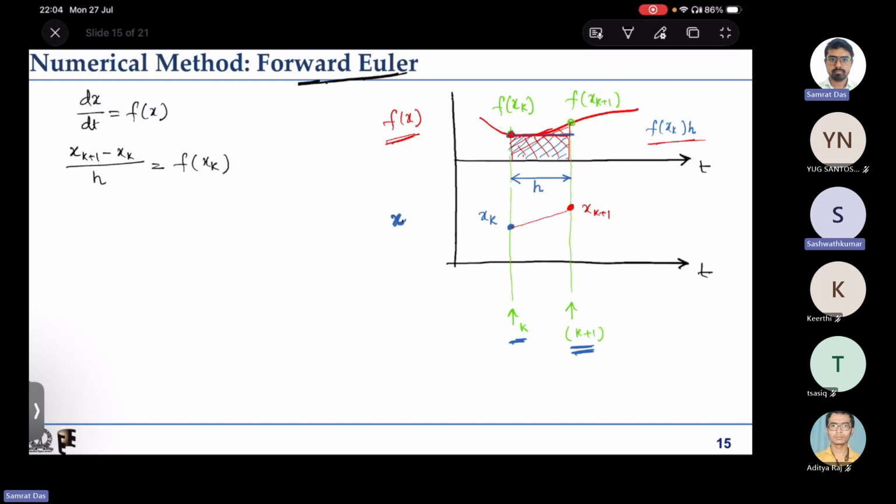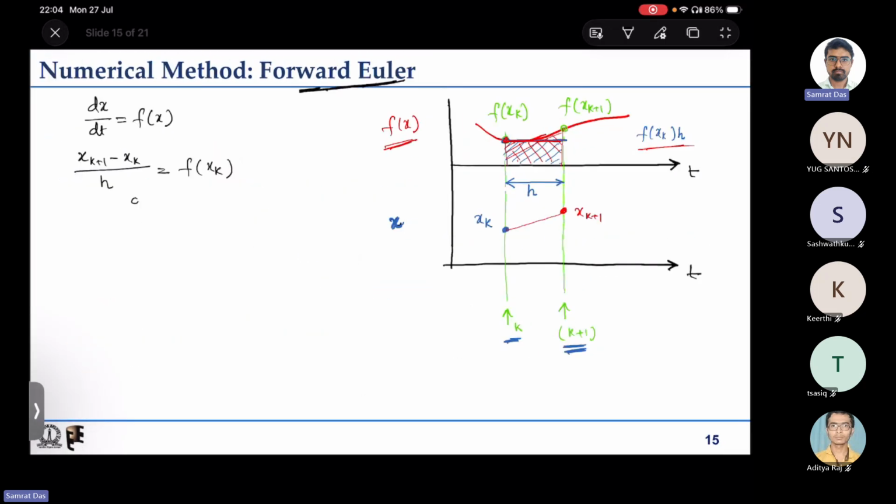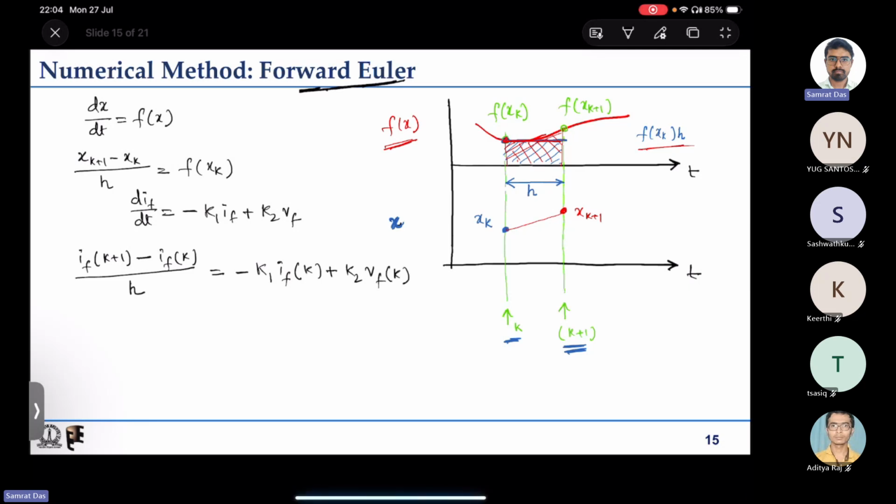Now we had the DC machine field equation, d if/dt is equal to minus k1 into if plus k2 into vf. Now what do we have to do? Simple: ifk plus 1 minus ifk divided by h is equal to minus k1, a constant quantity, times ifk, since if is a variable we replace it by ifk, plus k2, a constant, times vfk, since vf is an input. So this becomes our equation.